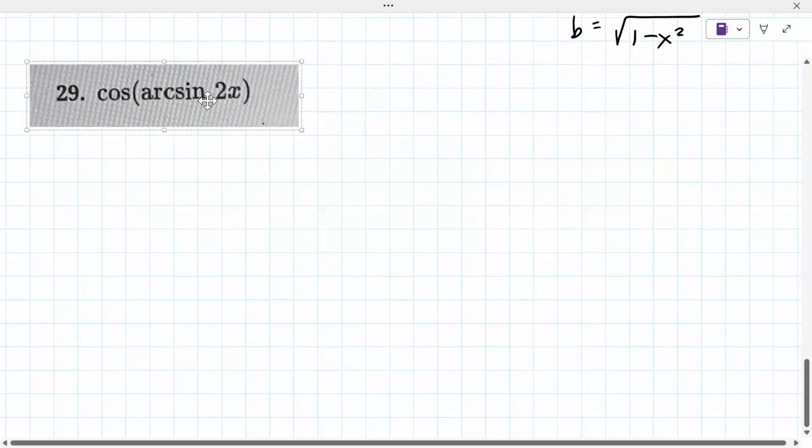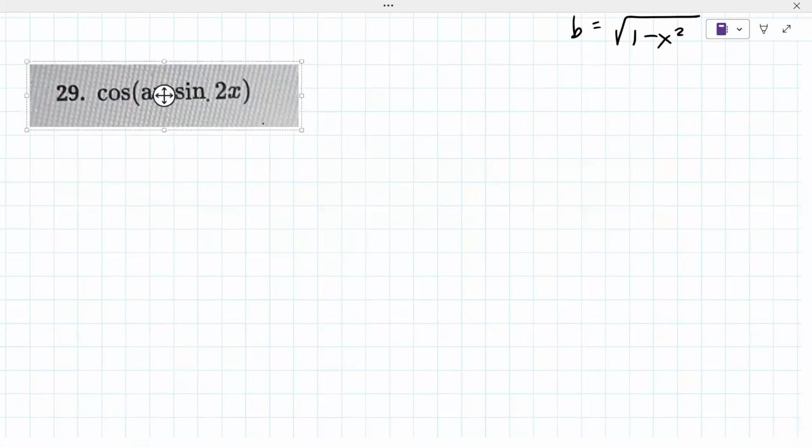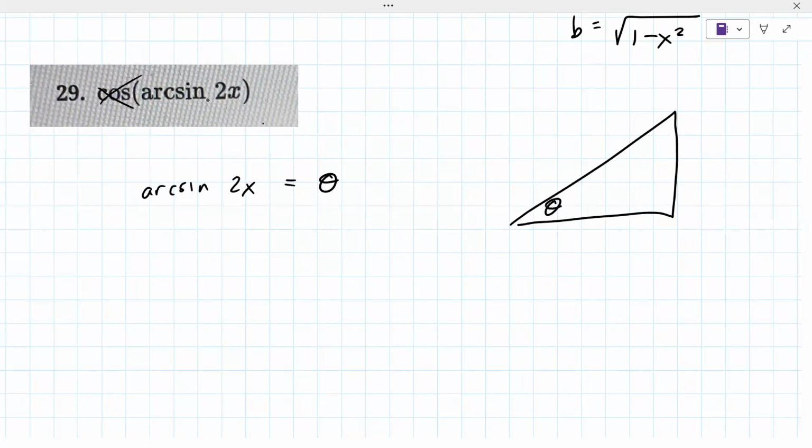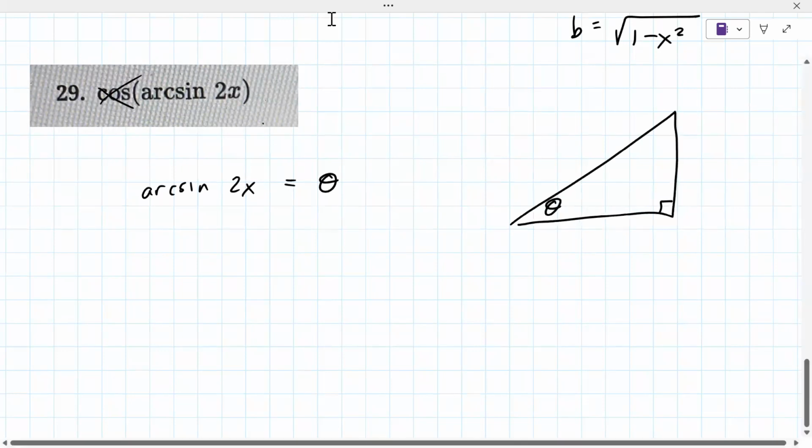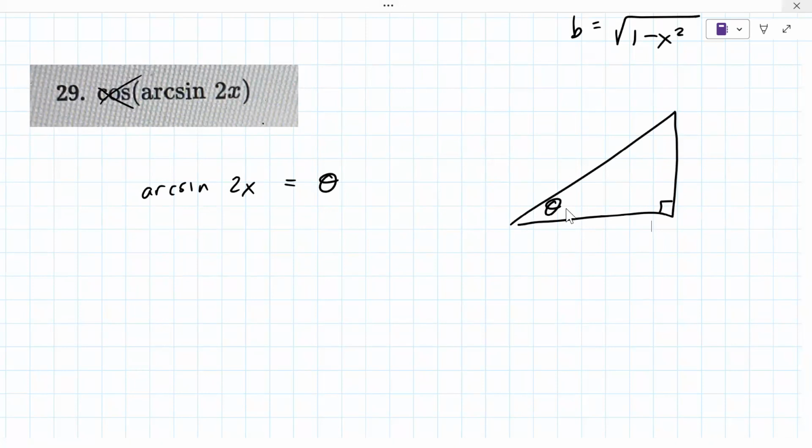Okay, well, you ignore this cosine for the moment. So you set arc sine of 2x equal to theta. Okay, theta is the angle. So you have a right triangle here, and this is always theta. You can make it the other one up here at the top, but most students just make it that theta there. Now, do you remember how to undo arc sine?